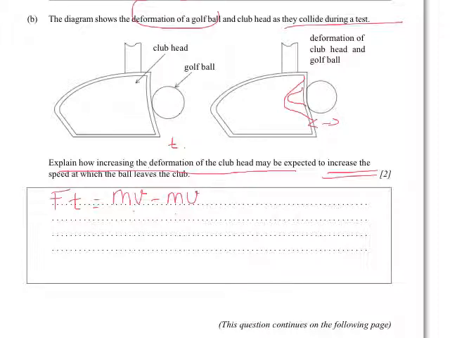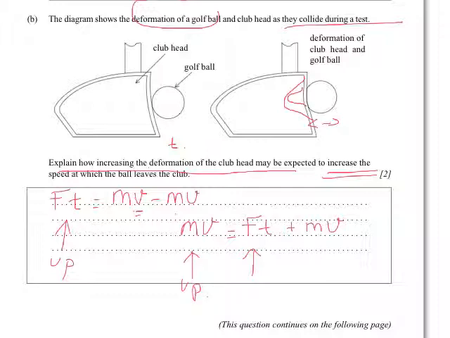So what happens if we increase the impulse? If this goes up, then the new velocity, if we rearrange this formula, will look like this: mv equals Ft plus mu, and if you increase this, then this must increase as well.